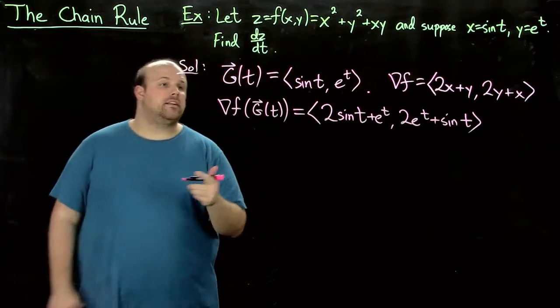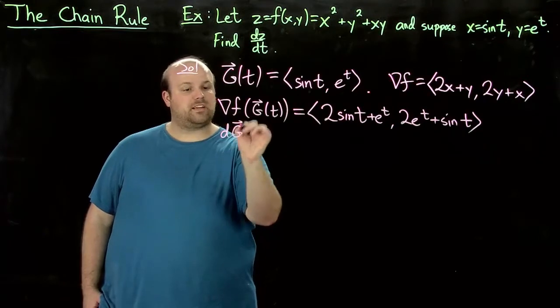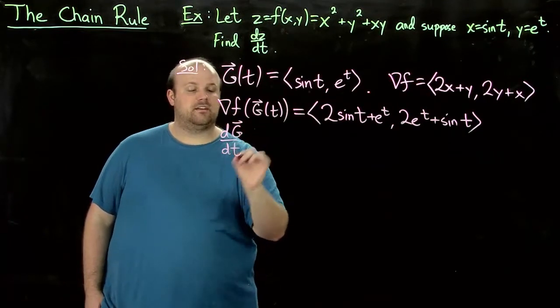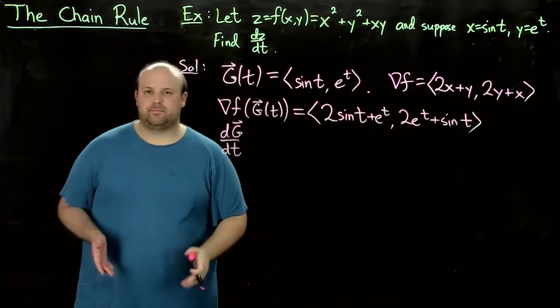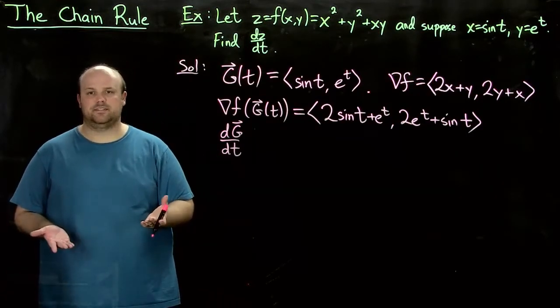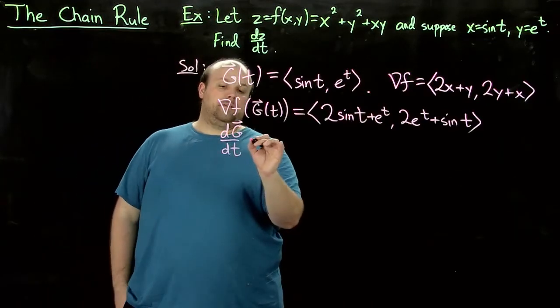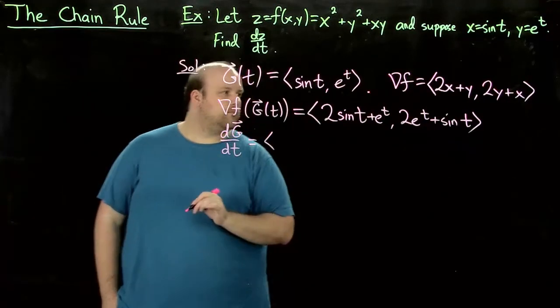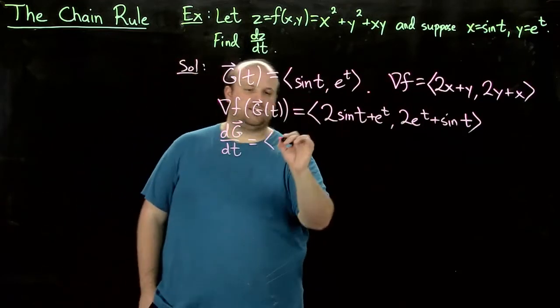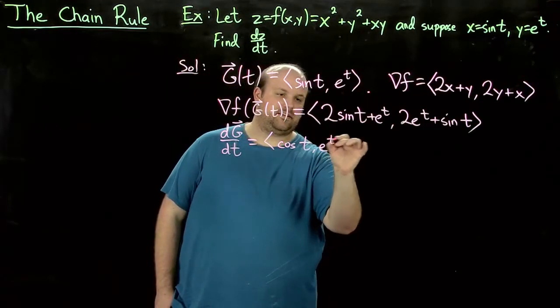Now we have to find the partial, well, it's not really a partial derivative here since g only has one variable, but if you use the curly d's for the partial derivative, it's fine too. No big deal. Well, that derivative is cosine t, e to the t.